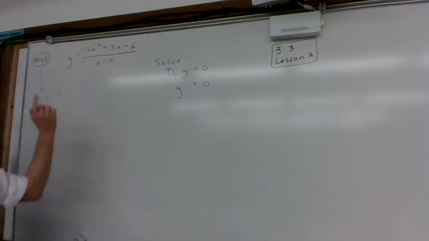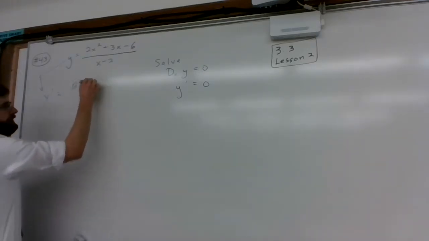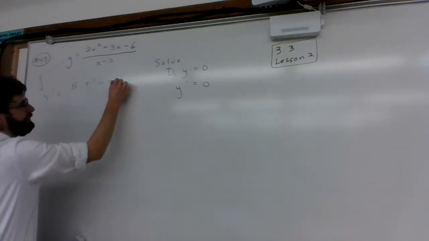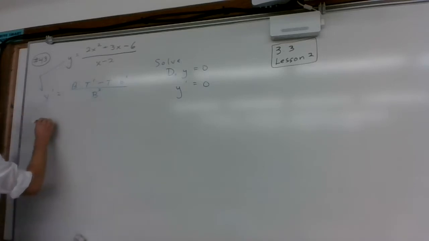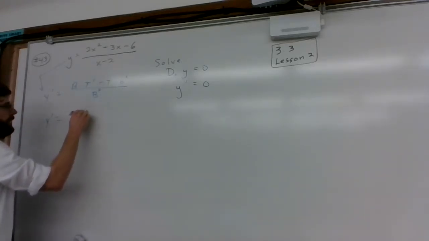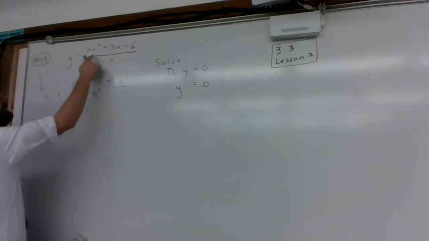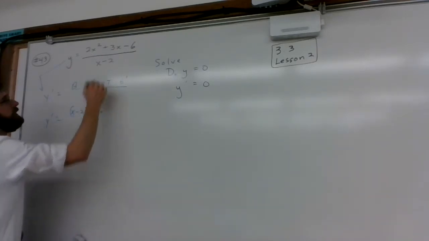So if you recall, quotient rule stated bottom times the derivative of the top minus the top times the derivative of the bottom divided by the bottom squared. So I'm going to have x minus 2 for my bottom times the derivative of the top, which is going to be 4x plus 3.